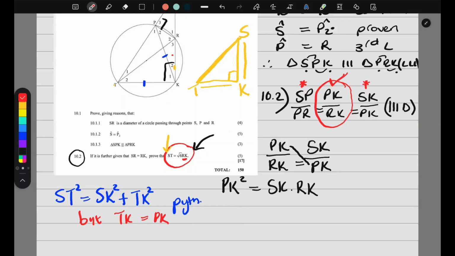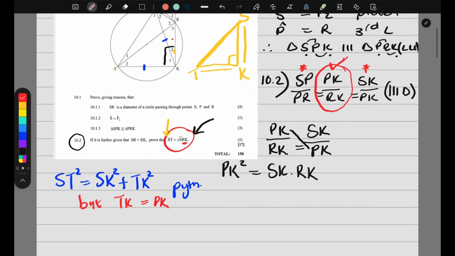So can't I now go and replace TK with PK? So I'm going to rewrite ST squared is equal to SK squared, but instead of writing TK, I'm writing PK squared. So there, I just replaced TK with PK.